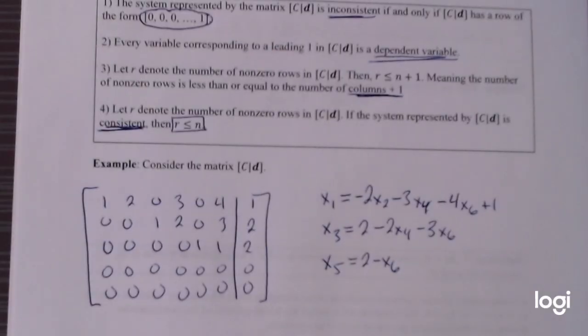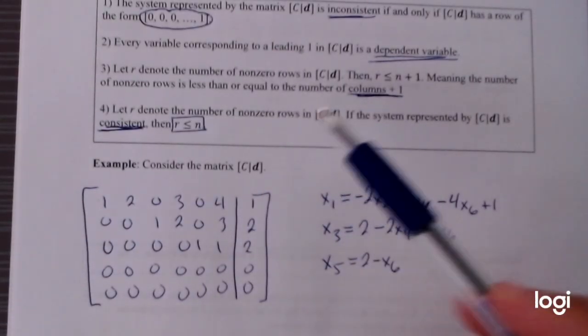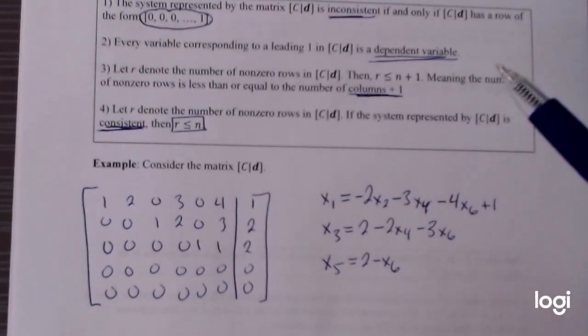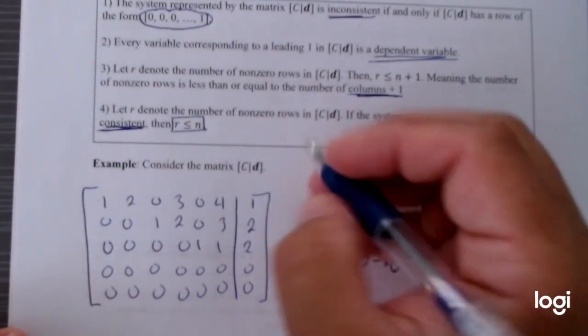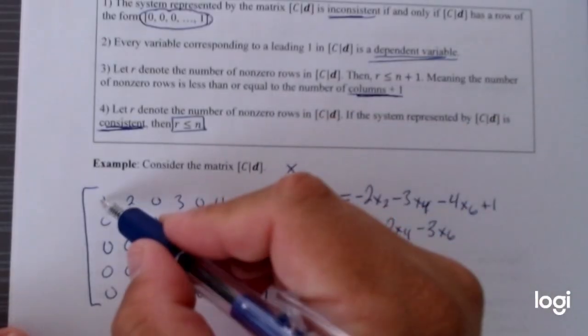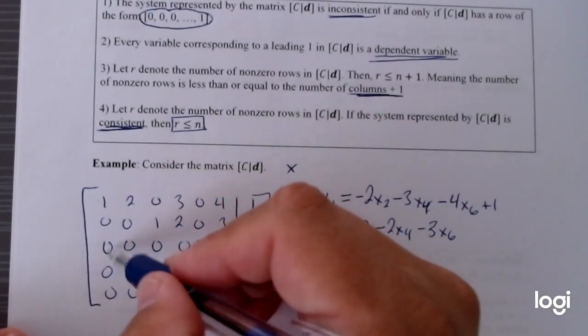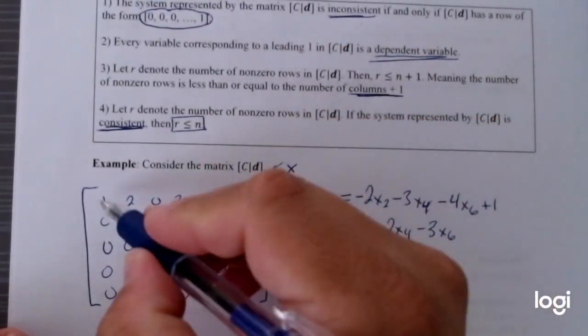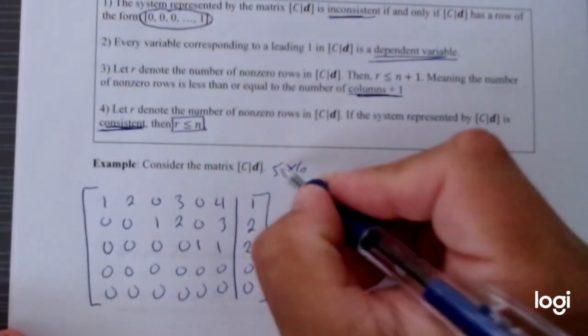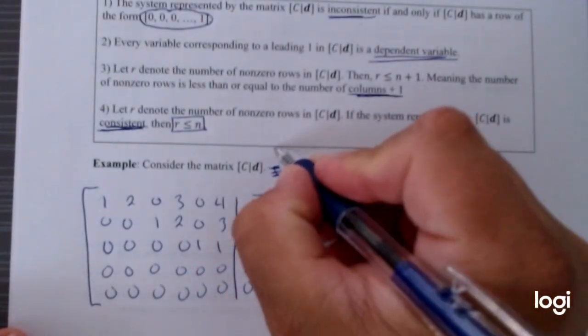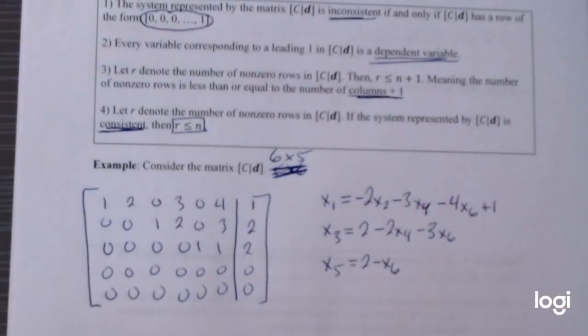In this case n represents the n in m by n, so let's go by this. We have a what by what? We have 1, 2, 3, 4, 5 by 1, 2, 3, 4, 5, 6. Oh, rows by columns, sorry. 6 by 5?